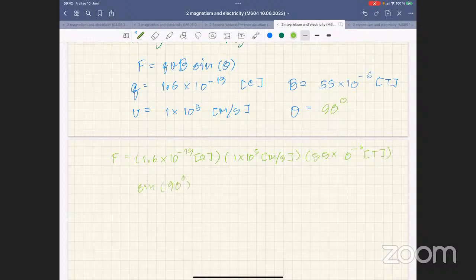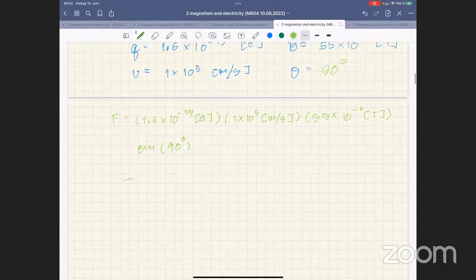You know, sine of 90 degrees is 1, right? And after that, you put this into the calculator.